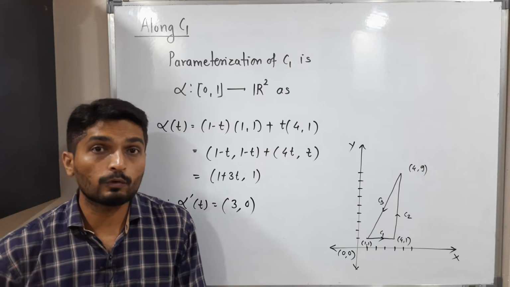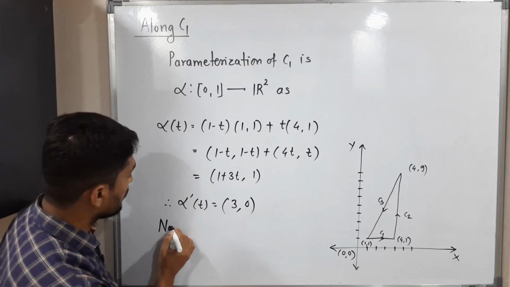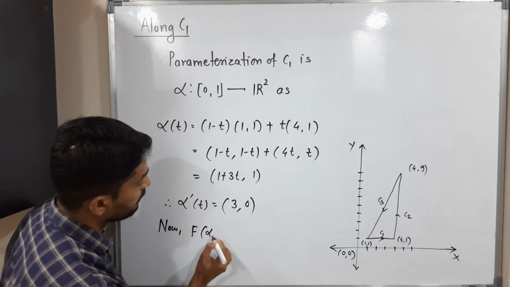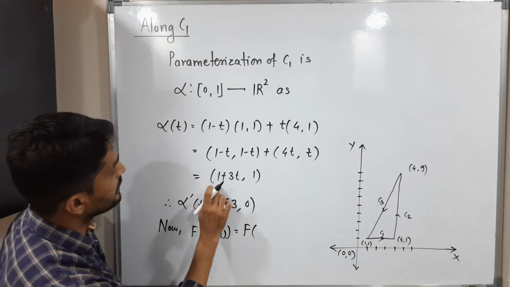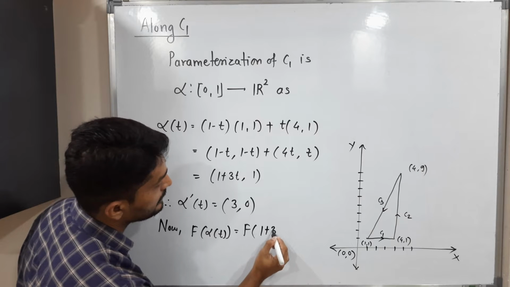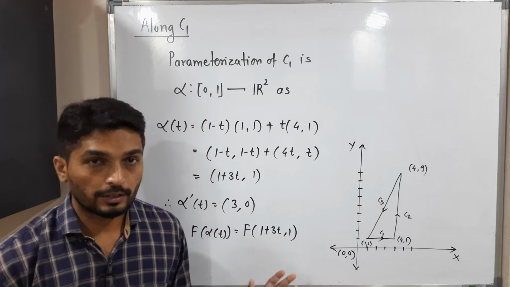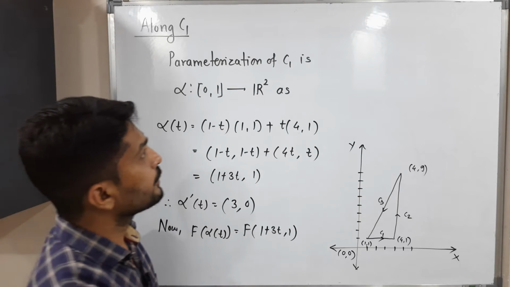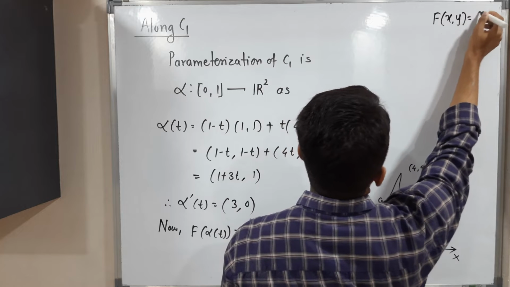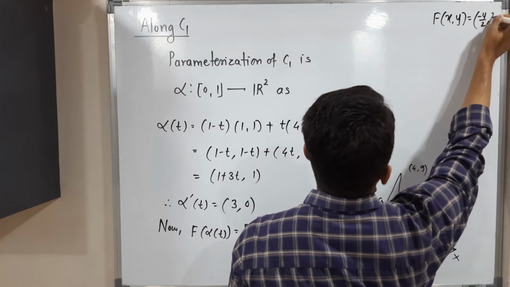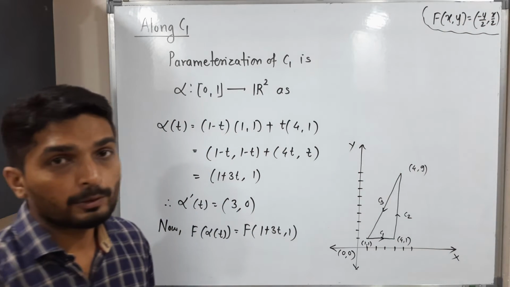After that I will go for f of alpha of t. Our alpha of t is (1 plus 3t, 1), so I put that in. Remember our function is f of (x, y) equals (-y/2, x/2).